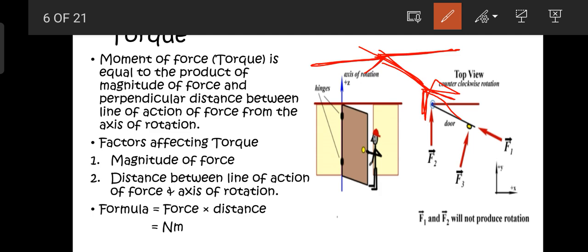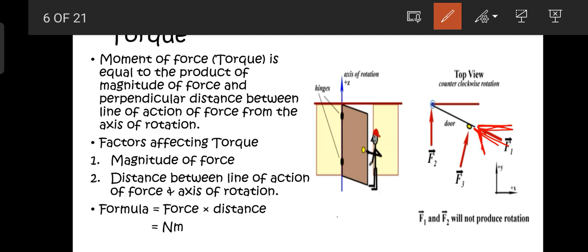Because the line of action, we all know what the line of action is. Line of action means the line on which we are putting force. If we put force here, the line is passing through the pivoted point.